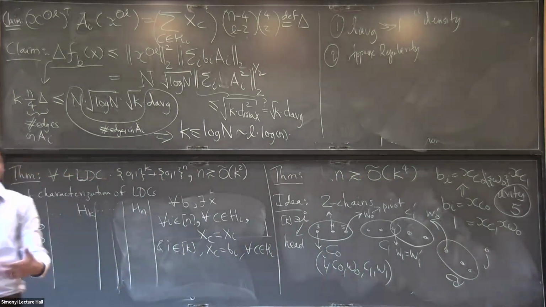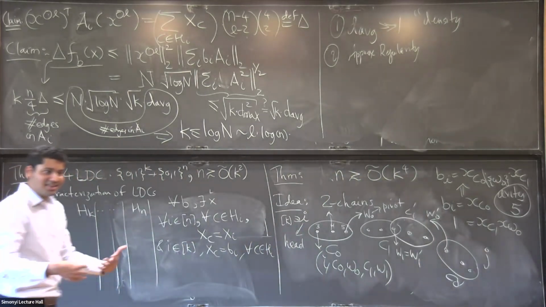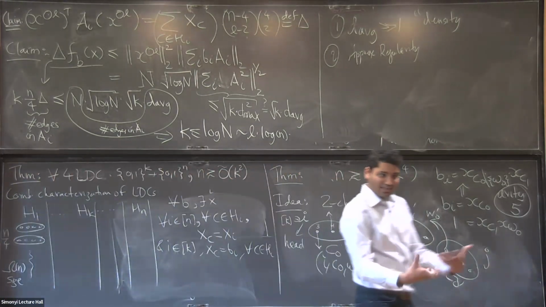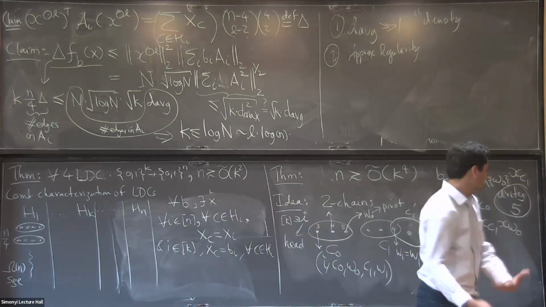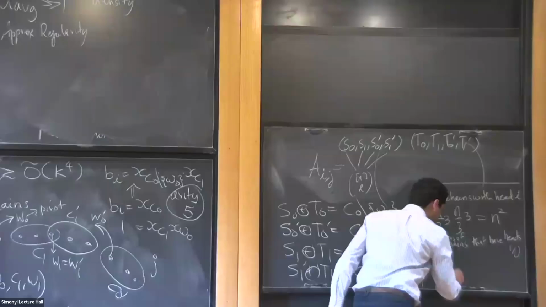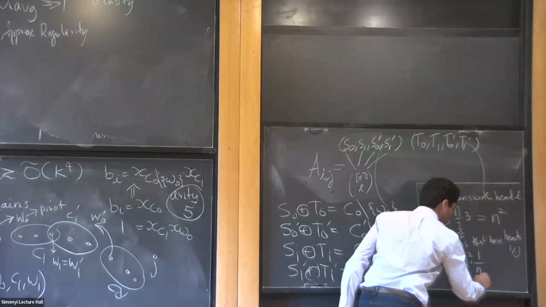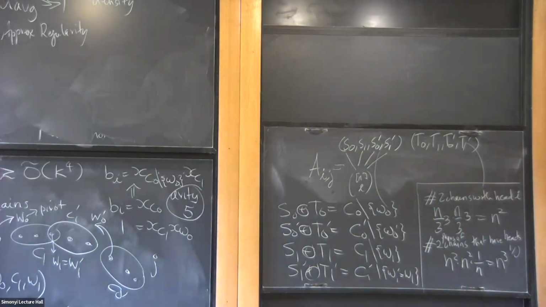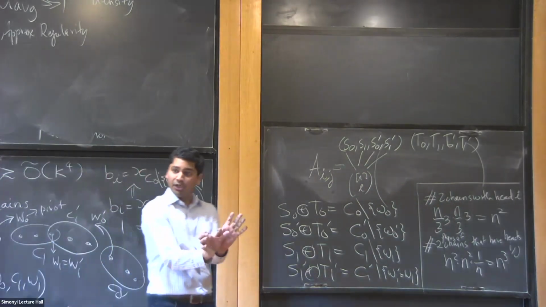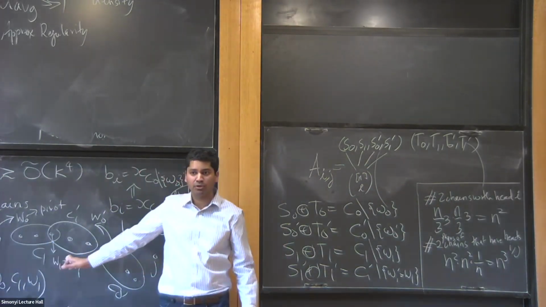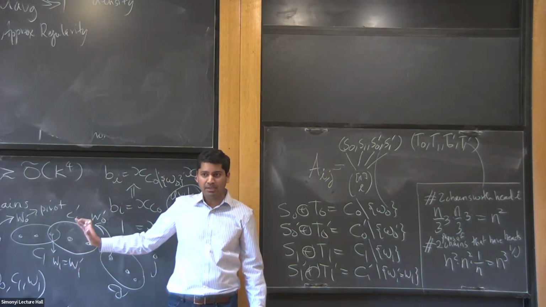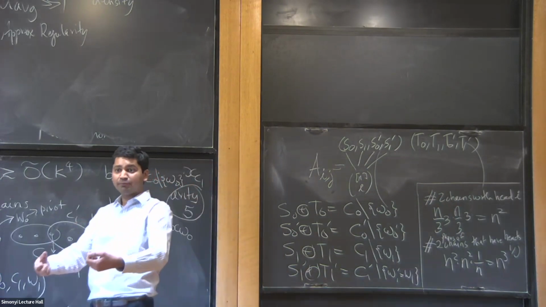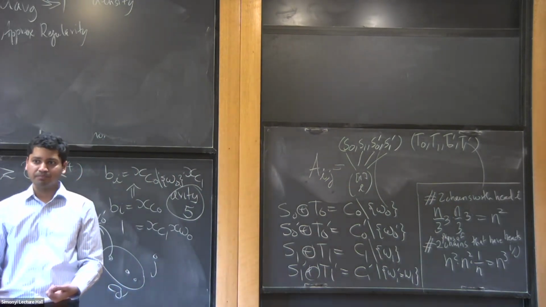This is where I'm using perfectness of the matching. So exactly a 1 over n fraction would have the same tails. This gives you n squared times 1 over n equals n cubed. Does this make sense? Somewhat hand wavy, but does it make sense? Yeah. So there are exactly n cubed pairs of two chains that I can merge to form the monomials I care about. So for a fixed I and j, I have n to the 4 different monomial constraints.